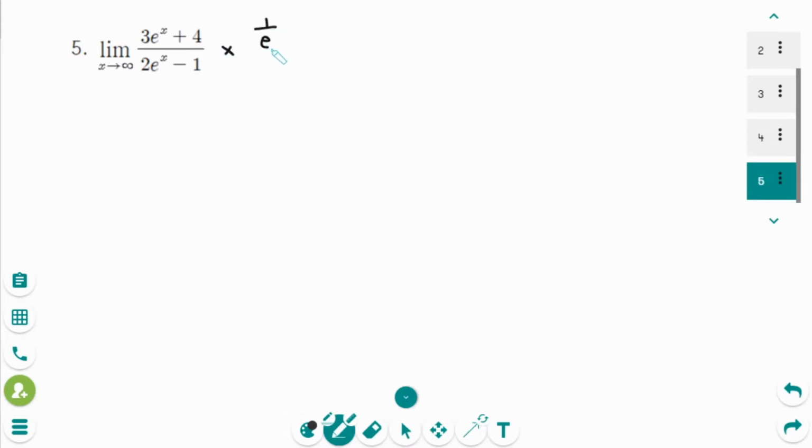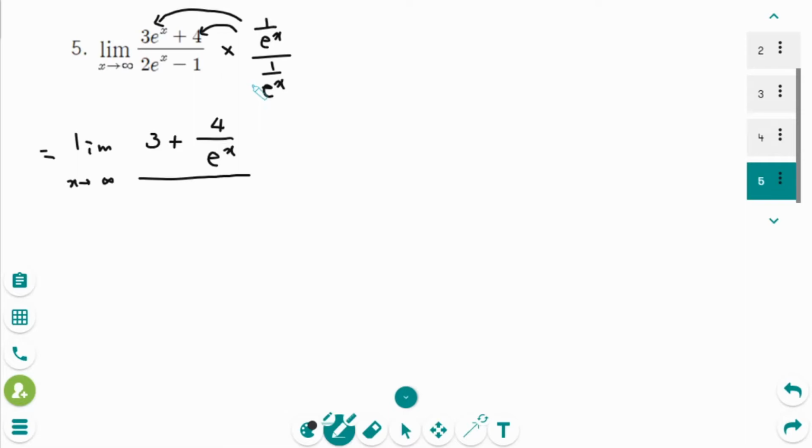So like this, and then expand. The first one is 3, plus the second one is 4 over e to the power of x. And then how about the denominator? This times this makes 2, minus this one makes 1 over e to the power of x.